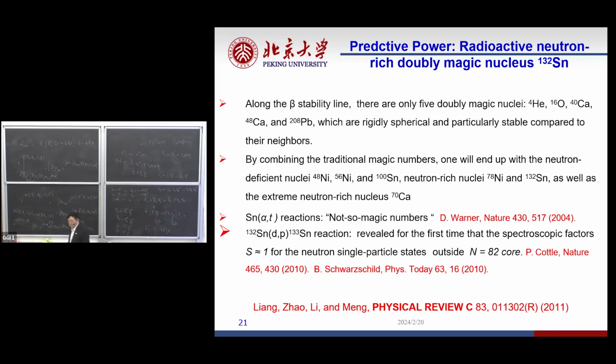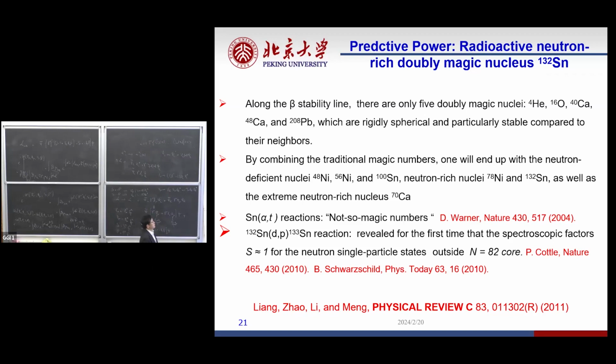That's the so-called stable double magic nuclei. And these stable double magic nuclei are normally spherical, and they are particularly stable in comparison with their neighbors. In particular, these nuclei have been used quite often in the constraint of this nuclear model.